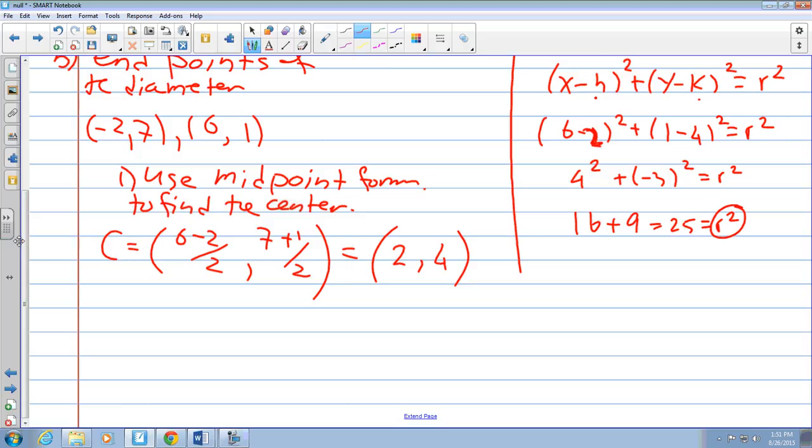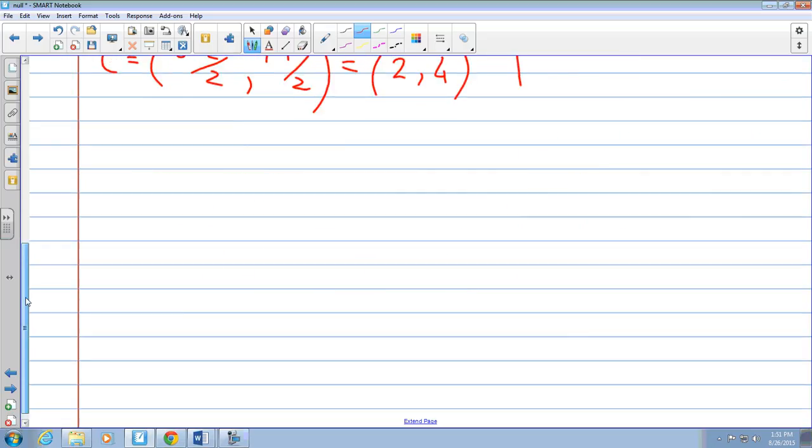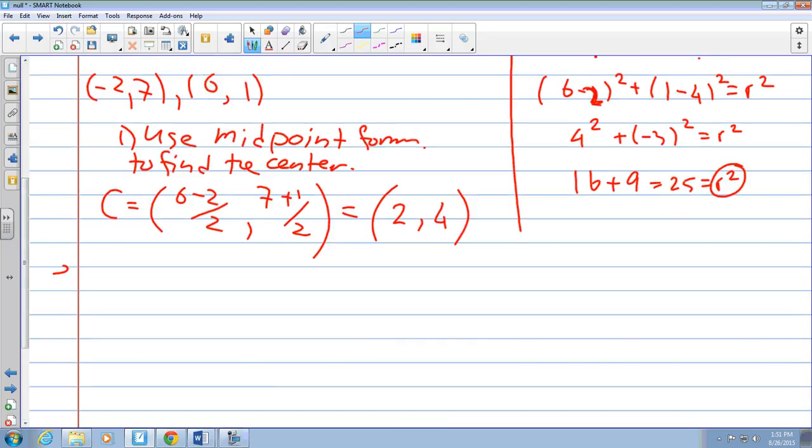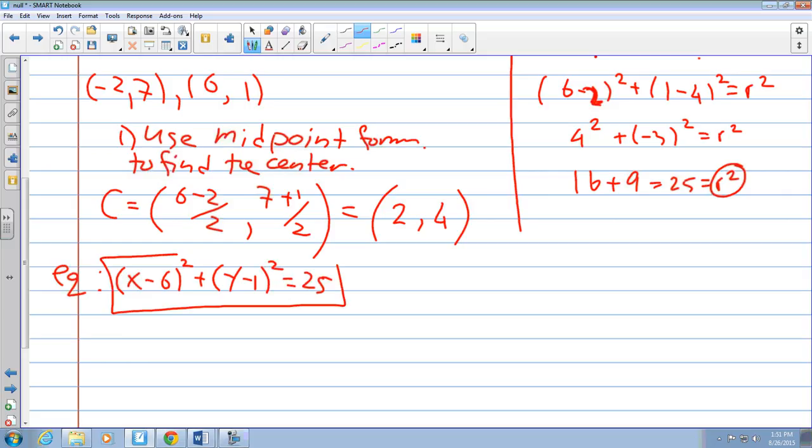So then the equation is x minus 6 squared plus y minus 1 squared equals 25. That's the equation of that circle. Because that gave us the r squared. What goes into the equation?